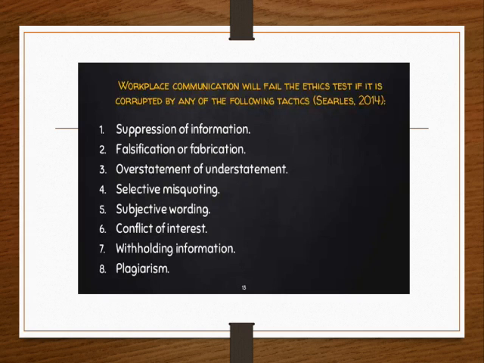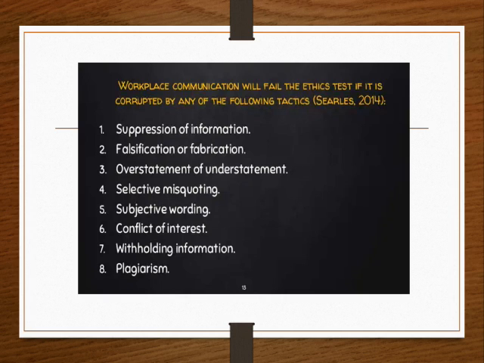Fabrication is reporting on experiments that never happened or patients that never existed. For example, a case where an old paper shows a bunch of experiments and figures, and another from a different research group shows exactly the same measurement of figures.